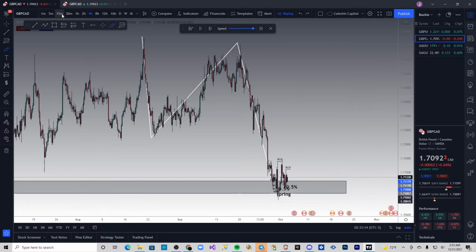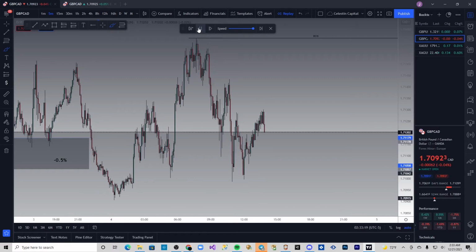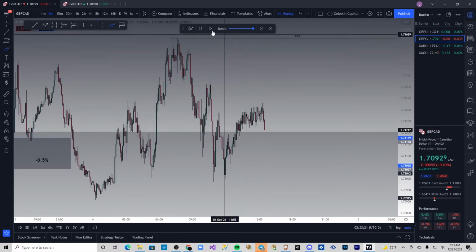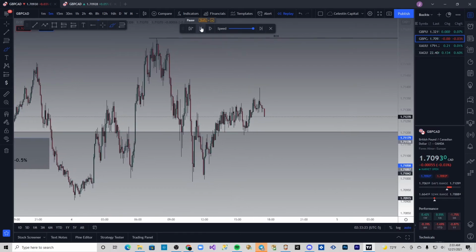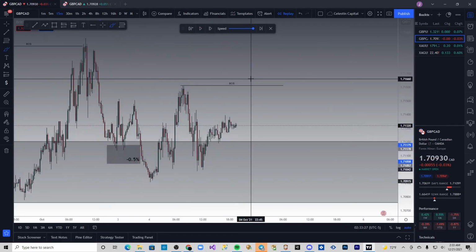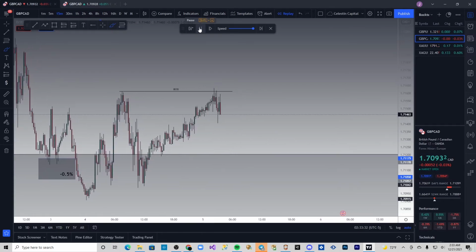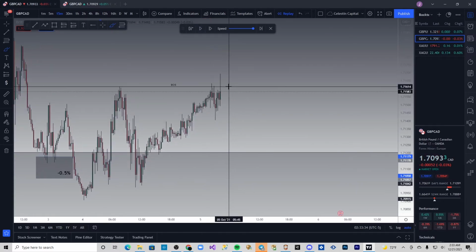So let's go back down to our 5 minute. Play this out, see if we get a break of structure of this high right here. Switch to 15 minute and go faster. See if we get a break. All right, we've got a nice break.